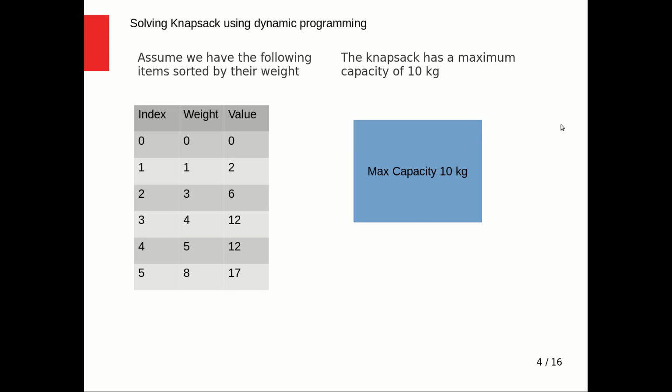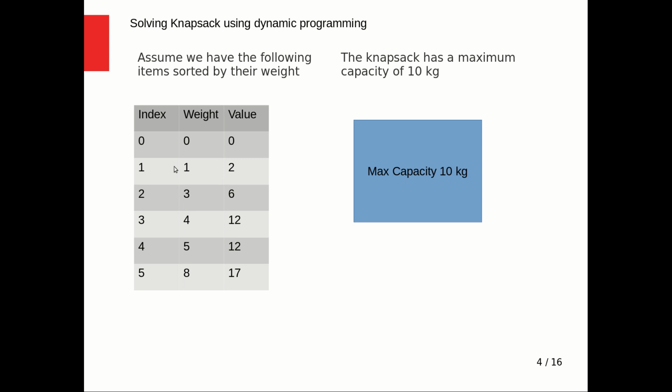So let's make our example a bit more interesting and assume that we have 5 items, those that we can see here. Each of them has an index 1, 2, 3, 4, and 5, and we are sorting them by weight, meaning smaller weights come before larger weights.